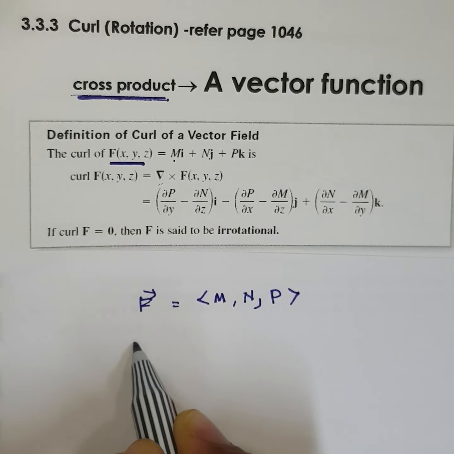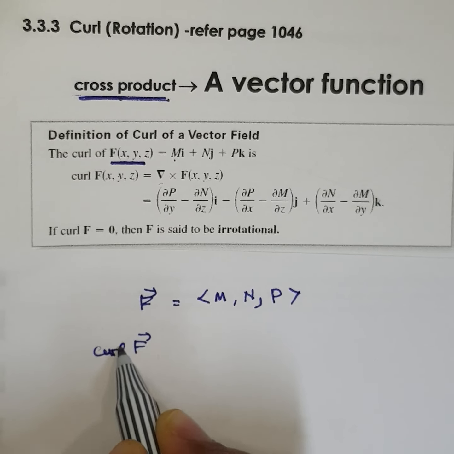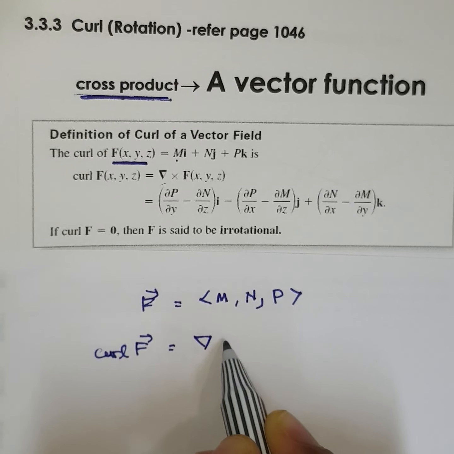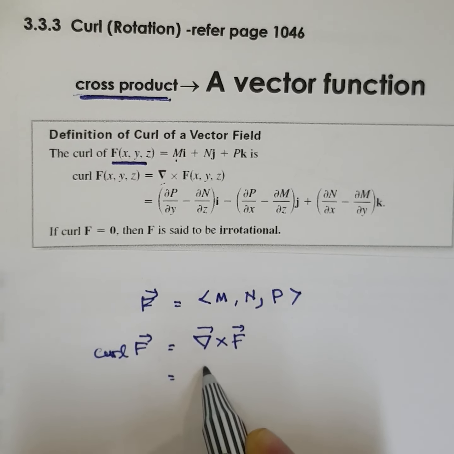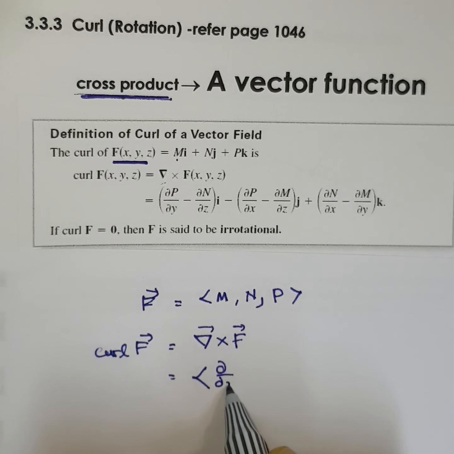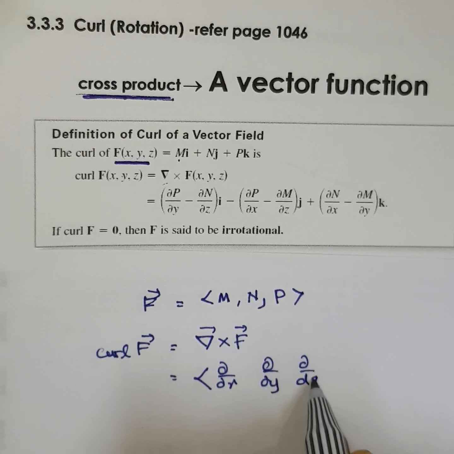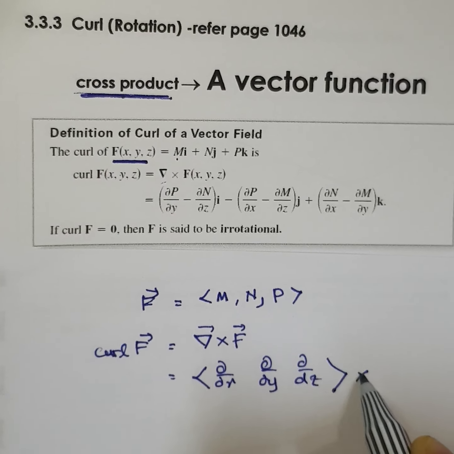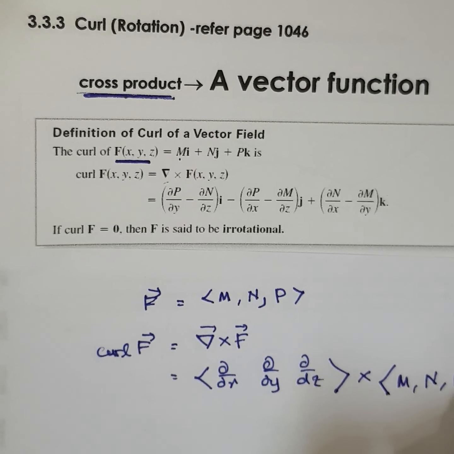Alright, so when you have curl F, it is actually cross product between del and your vector F. So del, as you know, it is del x, del y, and del z. And the cross product will be the vector of M, N, P.